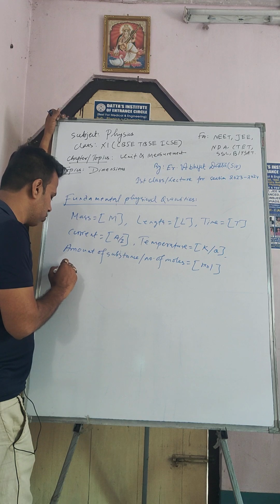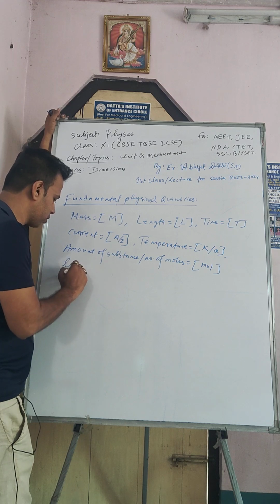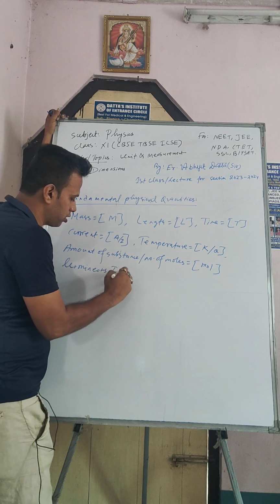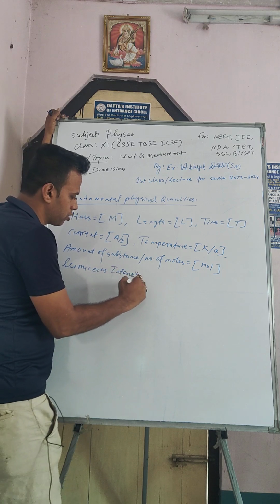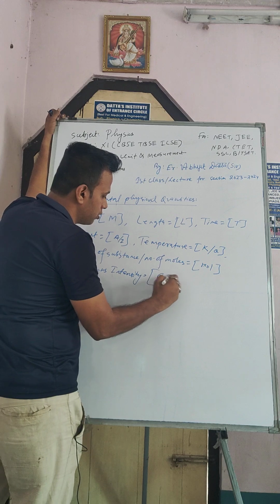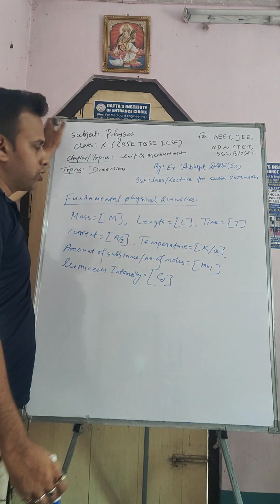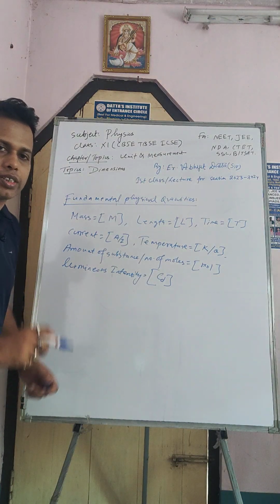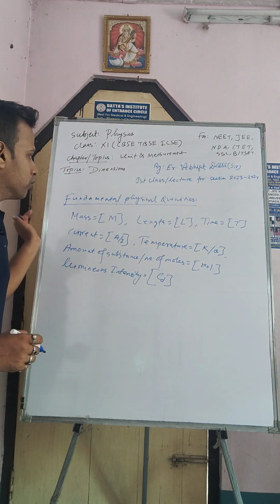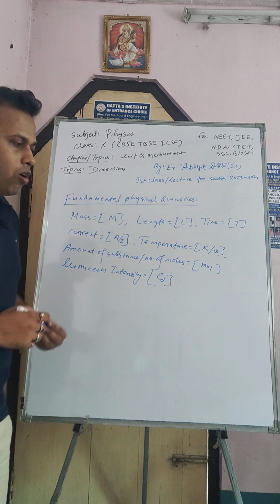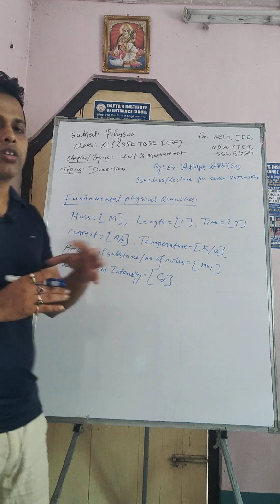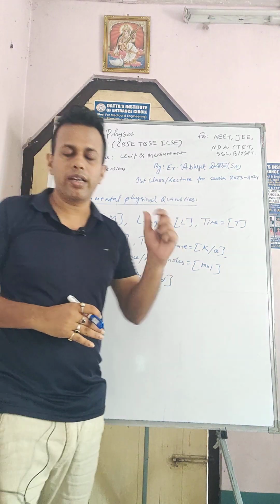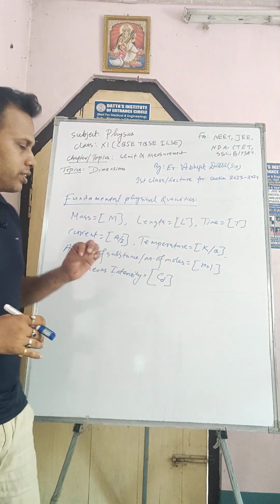And the last one is luminous intensity, which is CD. Okay, so these are the 7 fundamental dimensions or fundamental physical quantities, and by using these 7 fundamental dimensions all the other physical quantities can be derived.